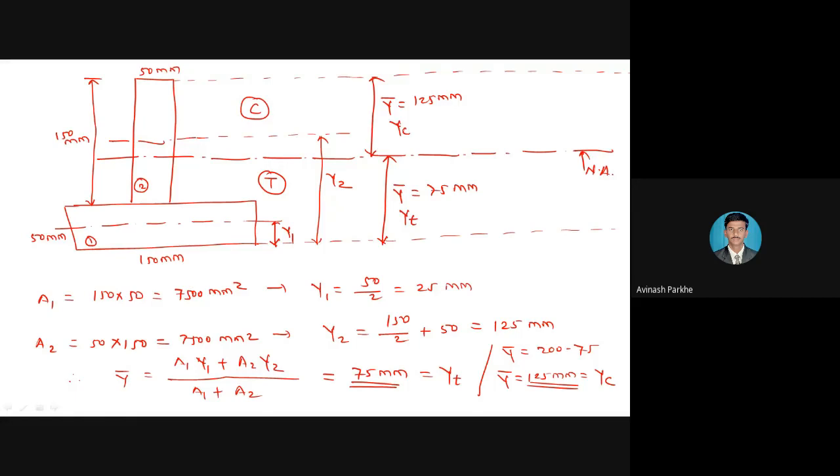Now next, again the section is unsymmetrical. So we have to calculate Ixx1 and Ixx2. Therefore, capital I is equal to Ixx, which is Ixx1 plus Ixx2. Now go for the calculation immediately.